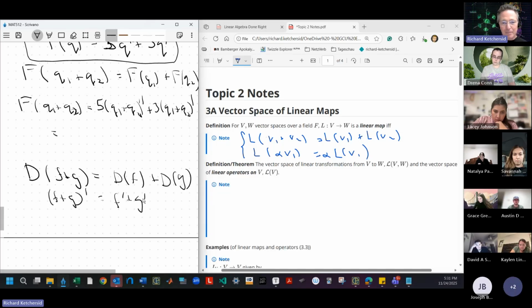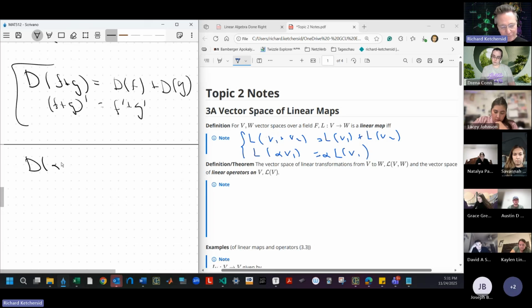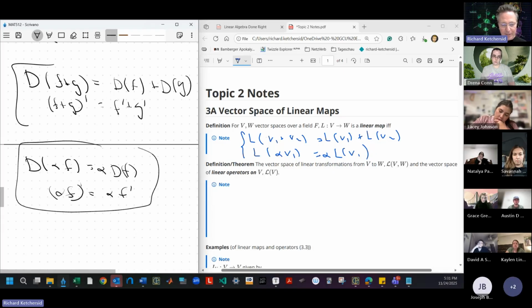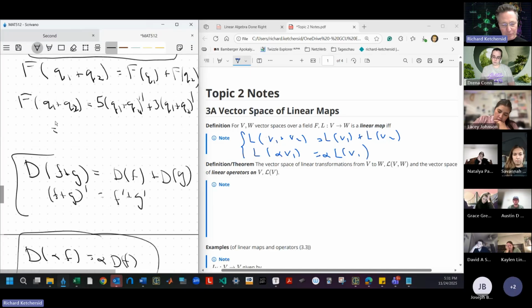It's a basic calculus thing. And we prove that d of alpha f is alpha df, or alpha f prime is alpha times f prime. So what's that saying? It's saying that the differentiation operator is linear. That's exactly what it says. And if you're unfortunate enough to be in my calculus class, that's actually how I say it. So the primes just go through.